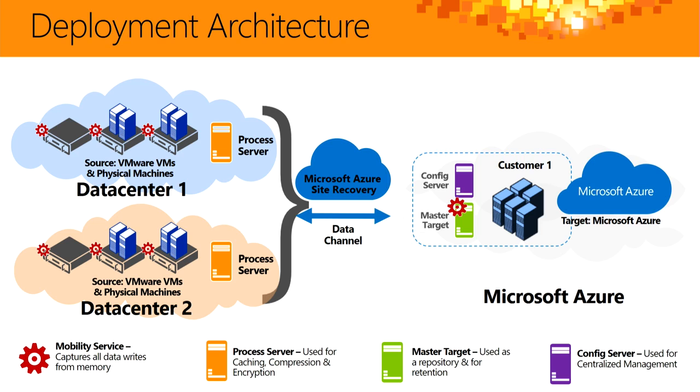The master target will collect the information and build the images of the replicated machines from your on-premises. The config server gives the process server, which is on-premises, information on which machines to protect, how to protect them, and what kind of RPO I am looking at.